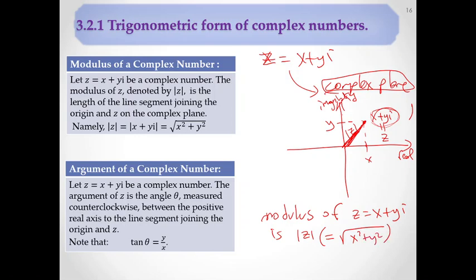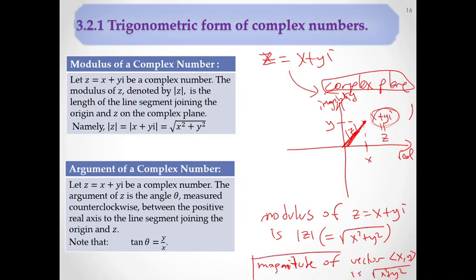You know, in vectors it was the magnitude; it's the same thing here. In different concepts we have different names for the same thing. The magnitude of the vector xy is the square root of x squared plus y squared.